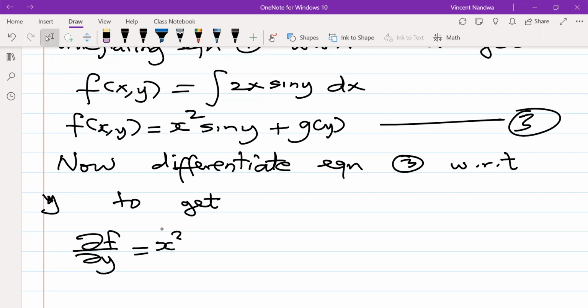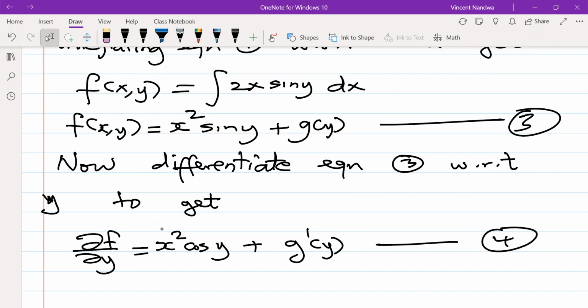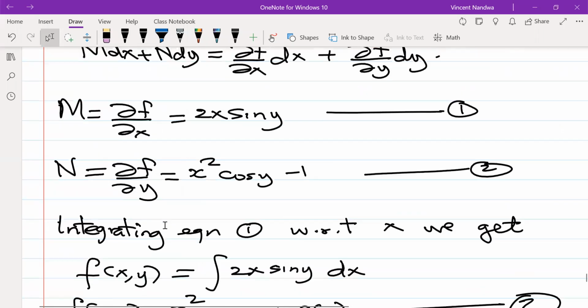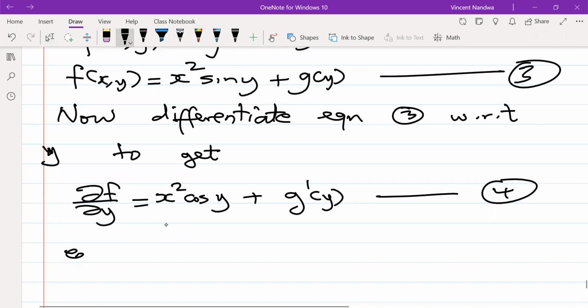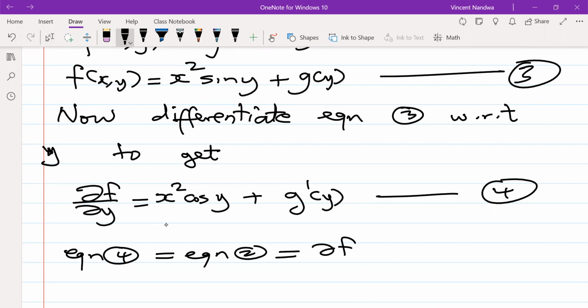So it'll be x squared cos y plus g prime of y. Call this 4. Now 4 and 2 both define partial f partial y, so they're the same. Equation 4 equals equation 2.